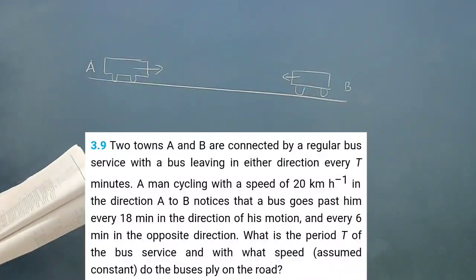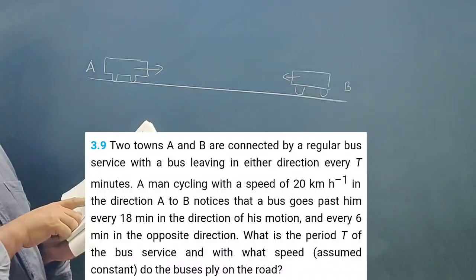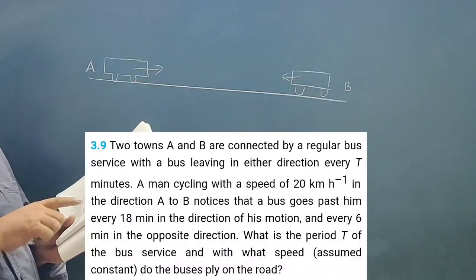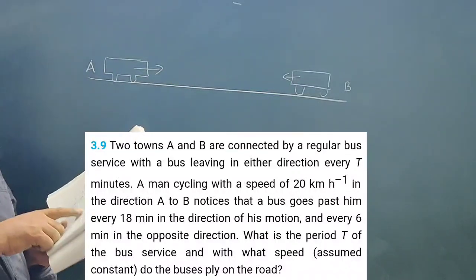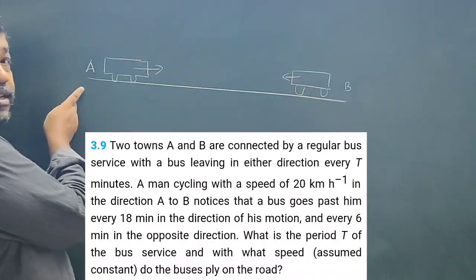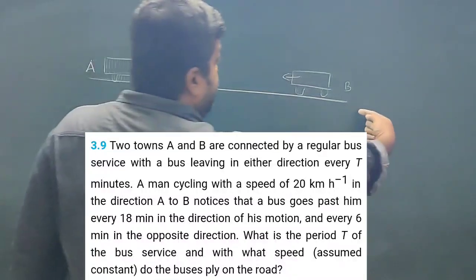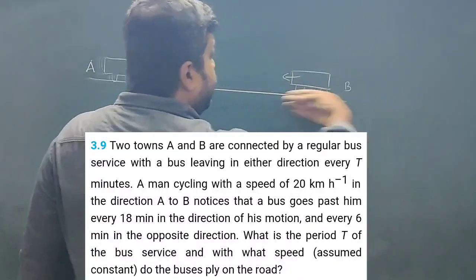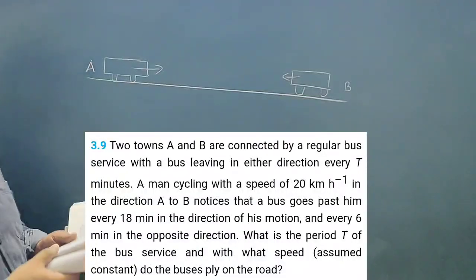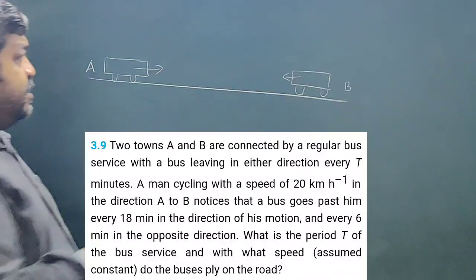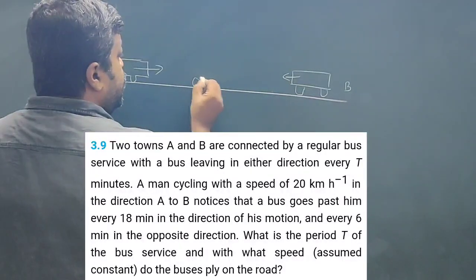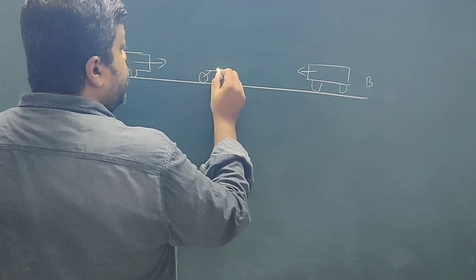It is given that it is connected by a regular bus service with a bus leaving in either direction every T minutes. So every T minutes one bus will leave in this direction from A to B, and every T minutes another bus will leave from B to A. Now a man is traveling on a cycle.